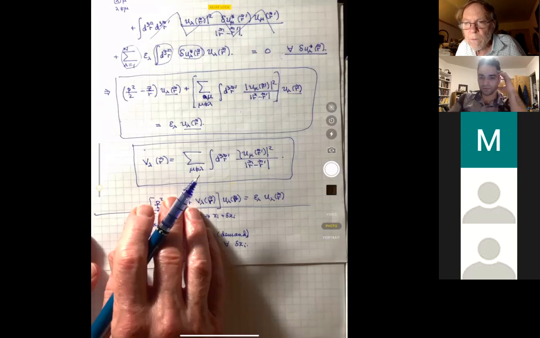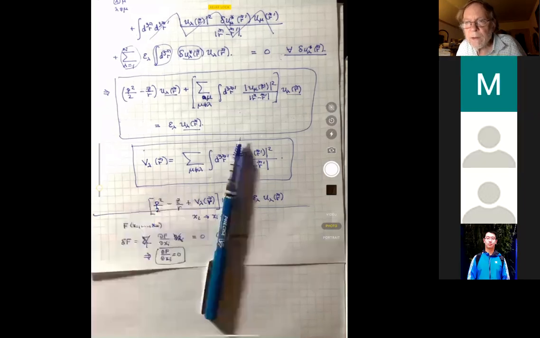Okay, thanks. But just a quick follow-up. Is F just a function of just U lambda, not U lambda and U lambda star? It can actually be interpreted either way, and you want to make it a function of U lambda and U lambda star independently to do what I'm doing.